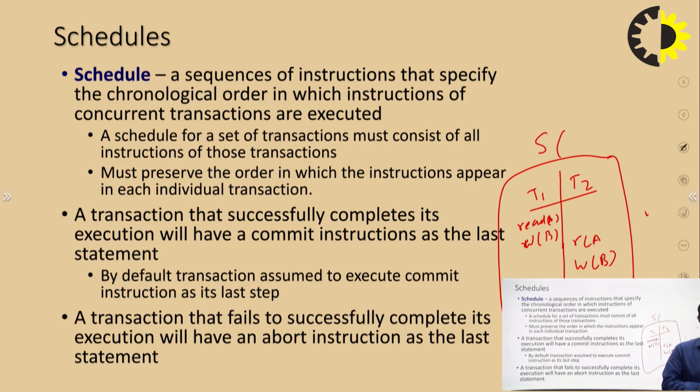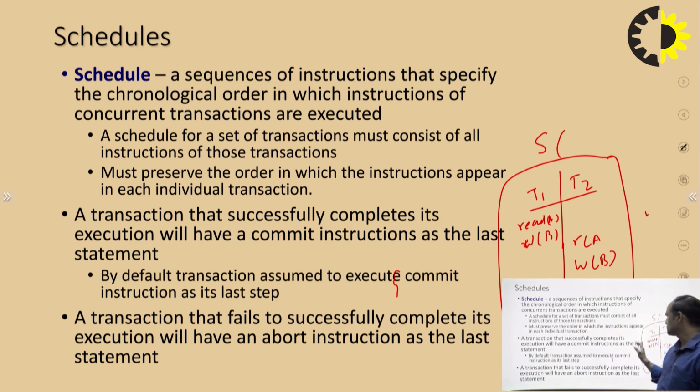A transaction that successfully completes its execution will have a commit instruction as the last statement. By default, all transactions are assumed to execute a commit instruction at their last step. A transaction that fails to complete successfully will have an abort instruction as the last statement.